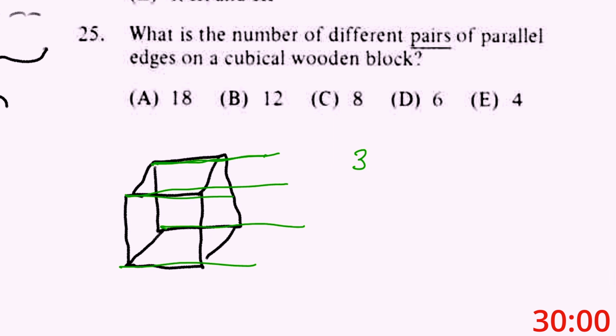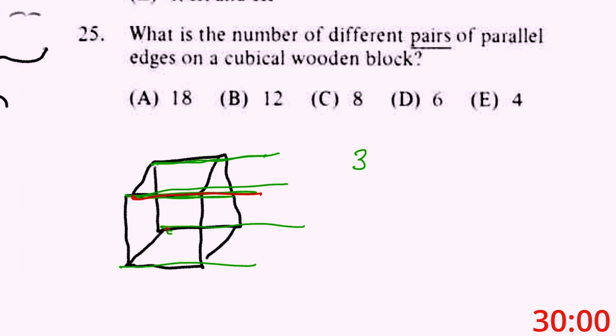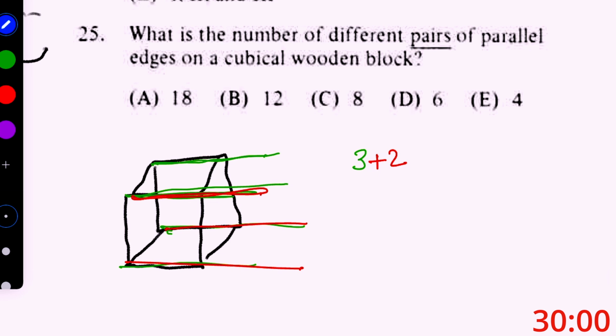I've also got this one. Let me maybe change color for this. This one and that one are parallel, and this one and that one are parallel. So that's 2 more. And have I counted these 2? I don't think I've counted those 2 as a pair yet. So that's 1 more.